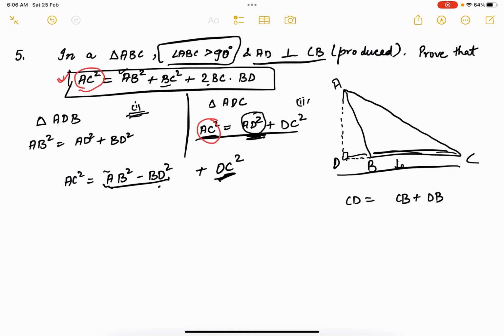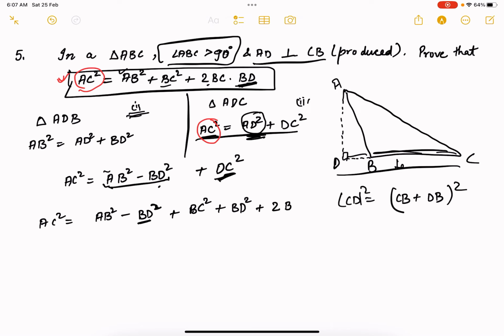So let's substitute this. AC square is equal to AB square minus BD square. We didn't substitute BD because BD was in our final result, so we left BD as it is. Substituting CD whole square as BC square plus BD square plus 2 times BC into BD.